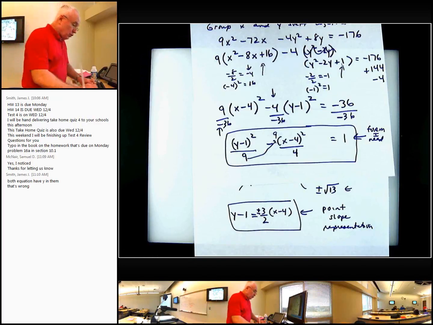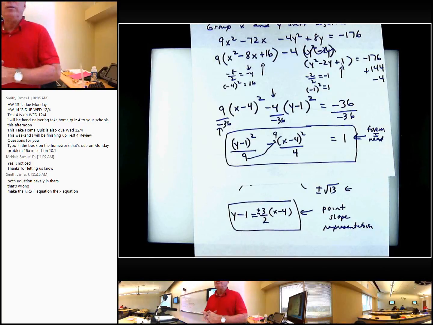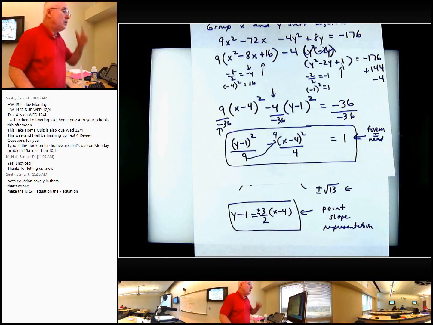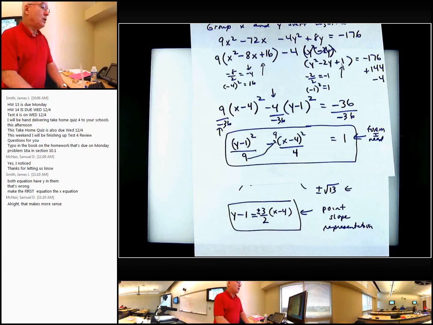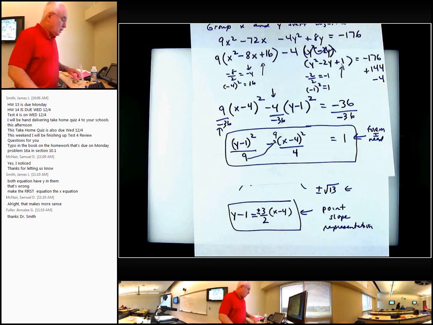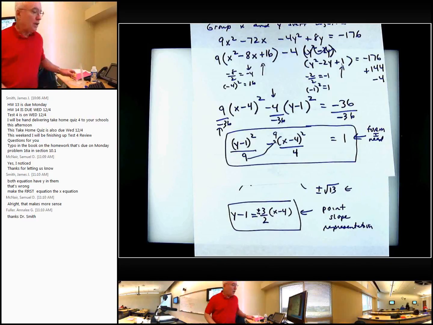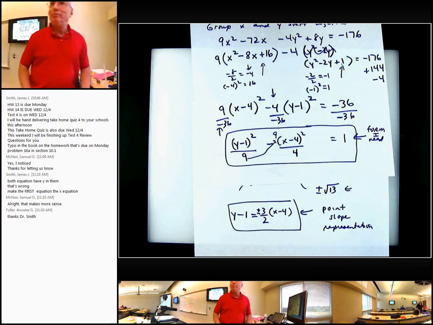So make the first equation the x equation, because all the other ones lead with the x, right. Okay. You're welcome. Otherwise, the problem makes no sense at all.